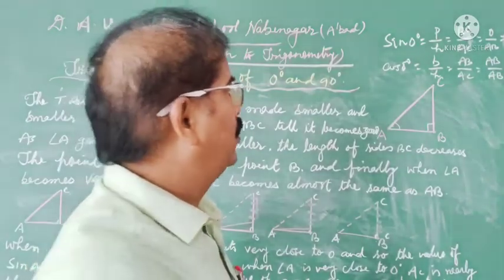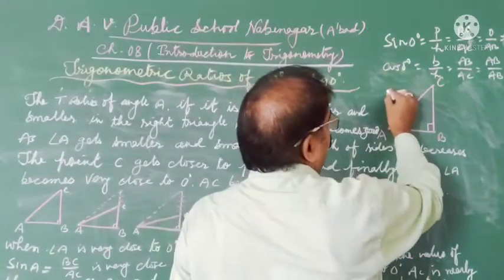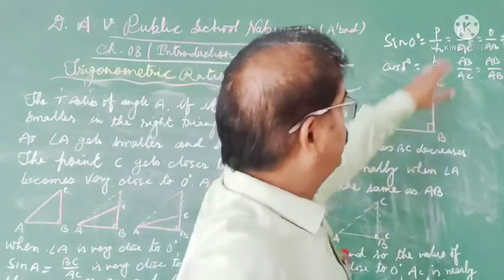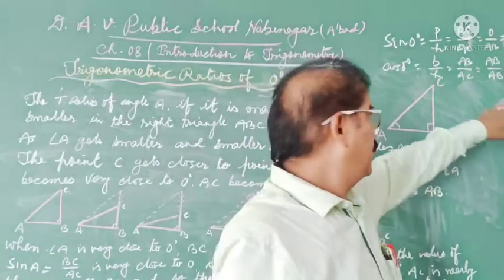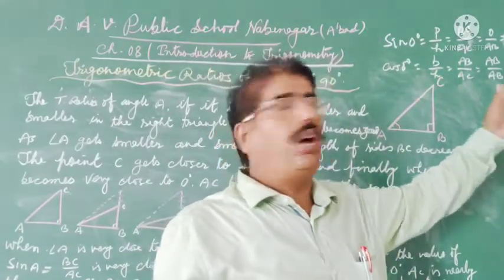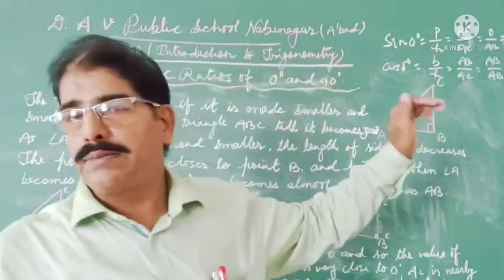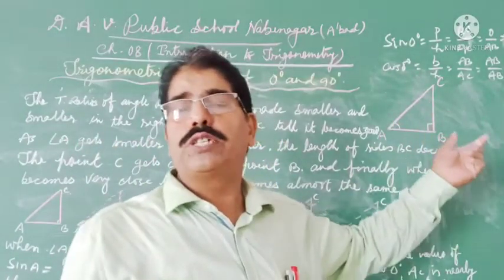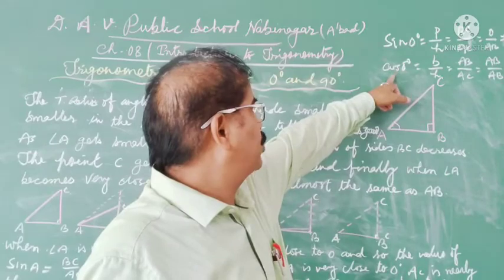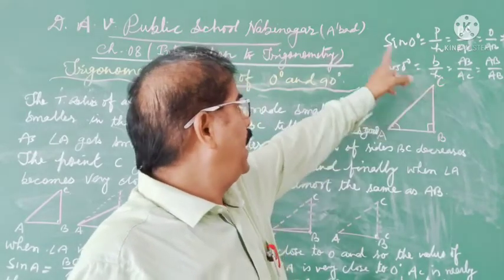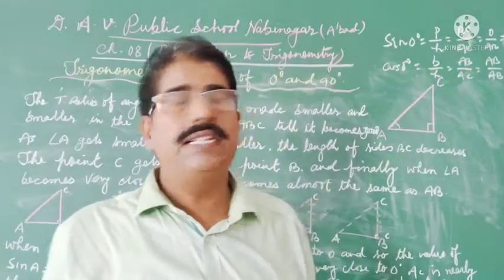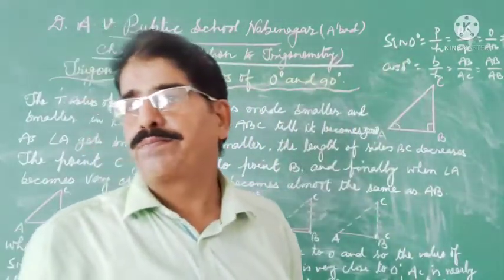Tan 0 is sin 0 by cos 0, that is 0 by 1 equal to 0. Cot is the reciprocal of tan, that means the reciprocal of 0, that means infinity. Sec 0 is the reciprocal of cos, that is 1, and cosec 0 is the reciprocal of sin, that is infinity.